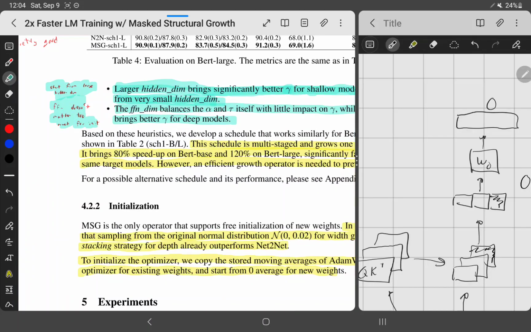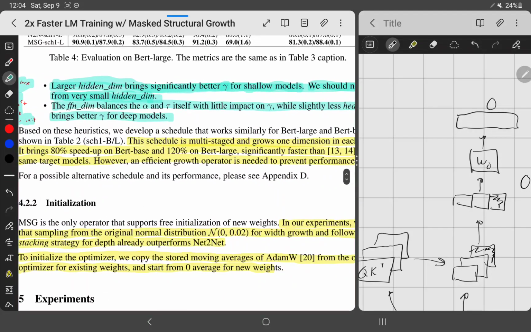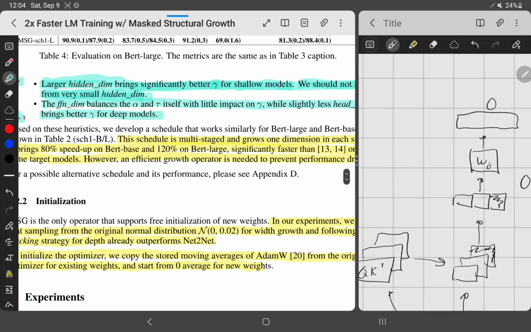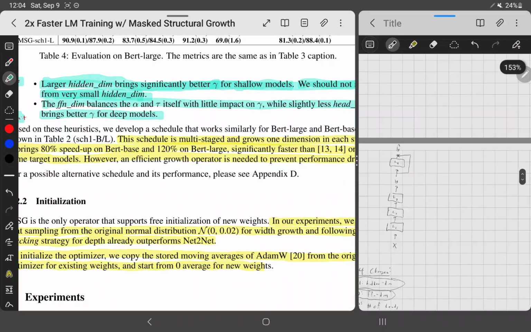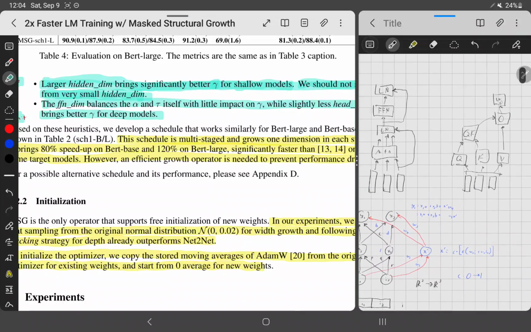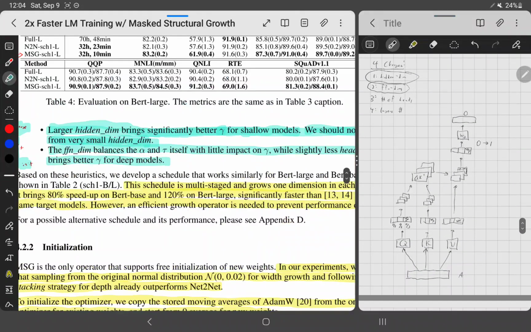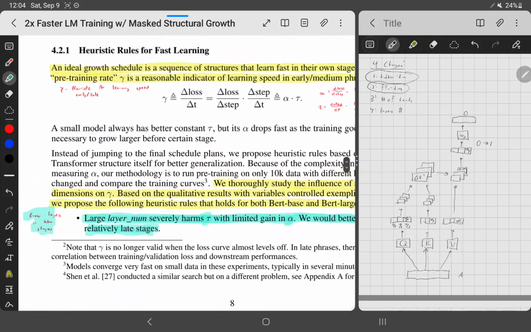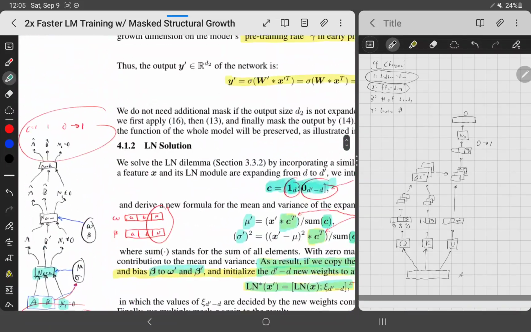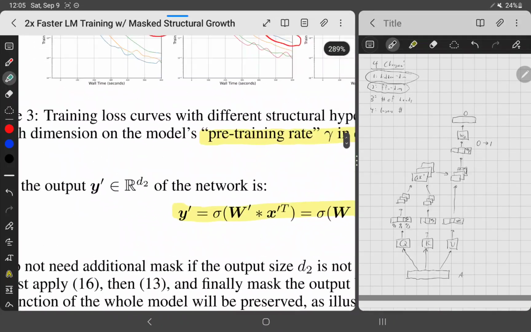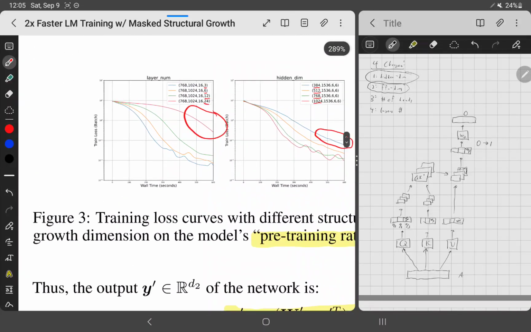Feed-forward network does not matter too much for the initialization. So if we go to the feed-forward network part, the inverse bottleneck part, the initialization of that value doesn't really impact it that much. And we can see all these up here. If we look at these graphs, this is at the initialization, basically.